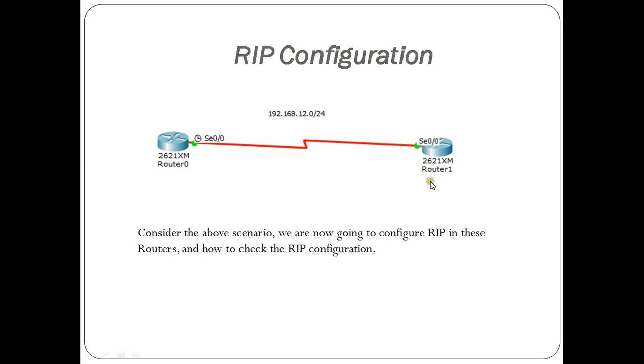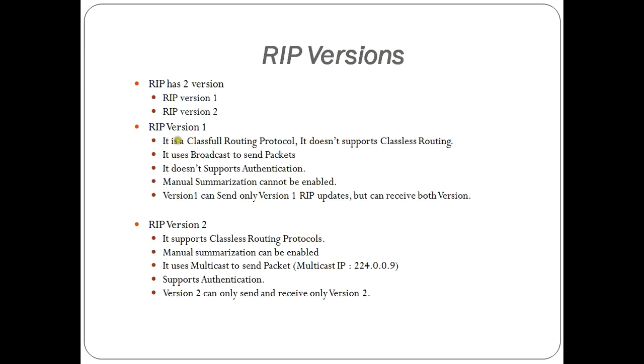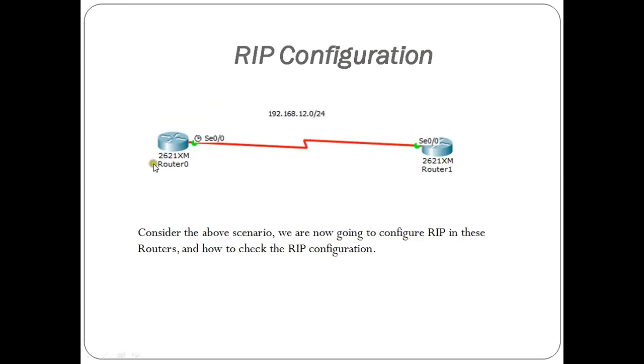In the case of router 1, I just advertised the serial interface, the 192.168.12.0 segment, with version 2 and auto summary disabled. What does it do? It matches version 2 on both ends, and they exchange the information from router 0 to router 1 and from router 1 to router 0.